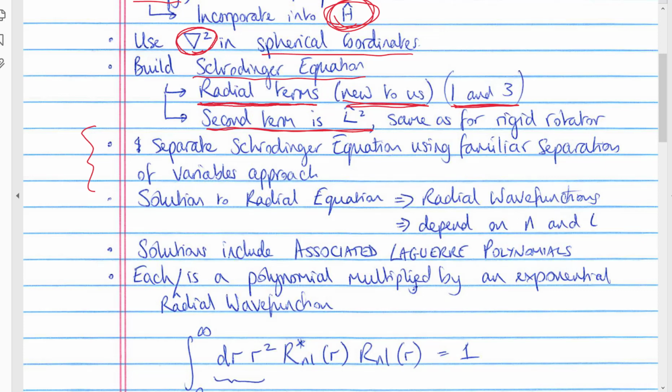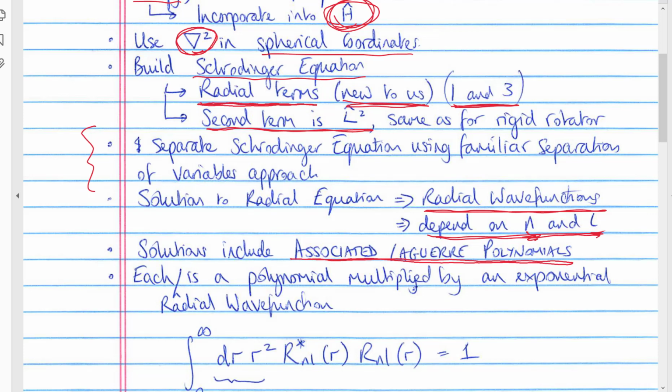And so we spent some time looking at that solution to the radial equation, and we found these radial wave functions. Again, we didn't actually go through the full solution and the solving of that differential equation, but we found that these radial wave functions did depend on 2 quantum numbers n and l, and the solutions were in terms of these associated Laguerre polynomials.